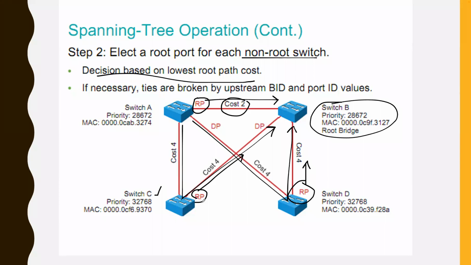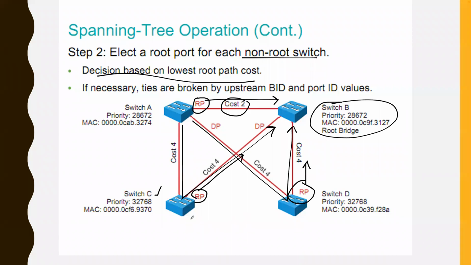In the third step, on each segment, we will find out which will be the designated port and which will be the non-designated port. That non-designated port will acquire a blocking state so as to make this topology loop-free. The purpose of this algorithm is to break the loop. Am I able to answer your question?